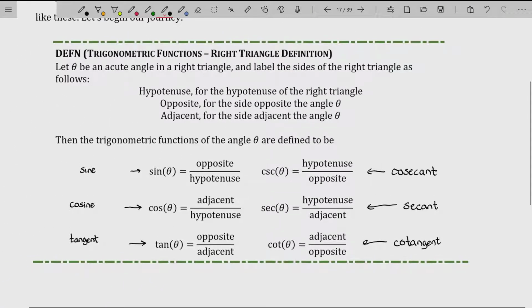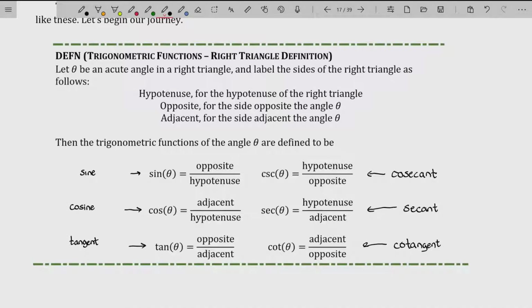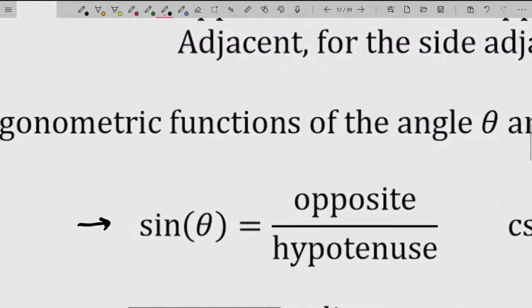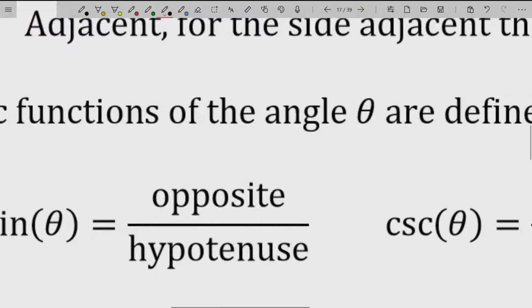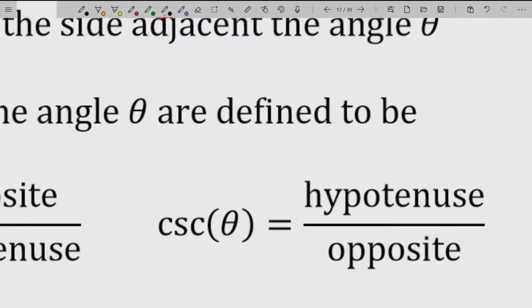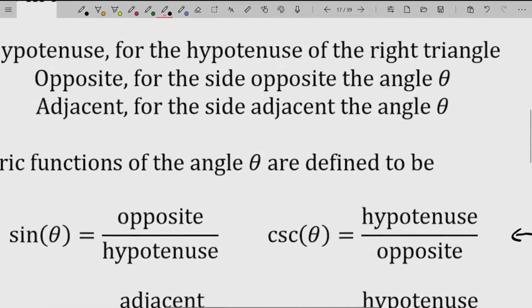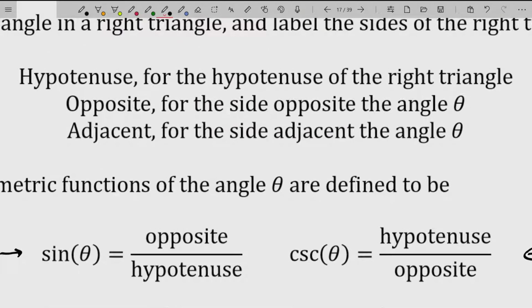All right. So notice there's actually quite a few things that should be noticeable here. One, sine is the opposite side of theta divided by the hypotenuse for the right triangle. And the cosecant is the reciprocal of that. It's the hypotenuse over the opposite.